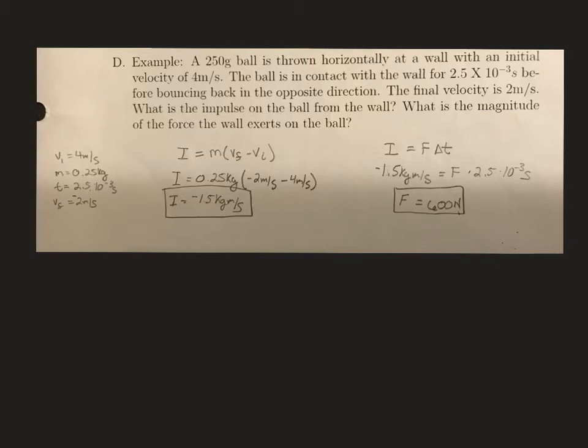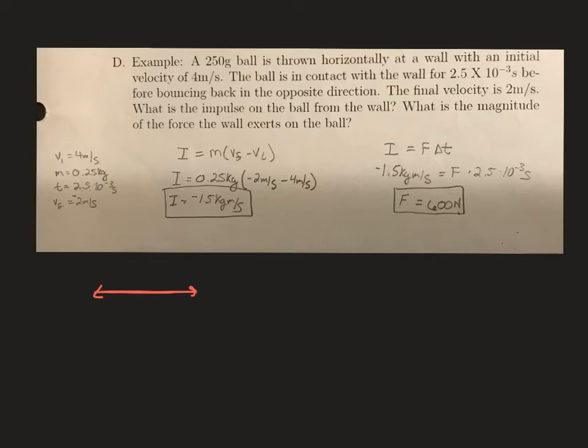Now we do have to be careful here because momentum is a vector. Since mass is not a vector, it matters what the velocity directions are. Right now, since we're doing everything along the x-axis, since the ball goes one way, hits the wall, and then comes back, we indicate that change in direction by putting a minus sign on one of the velocities.